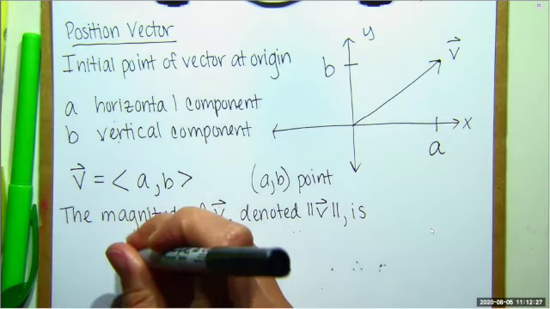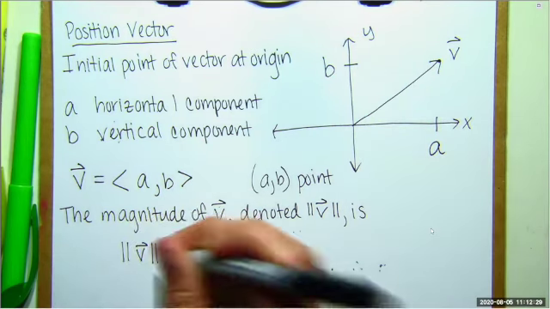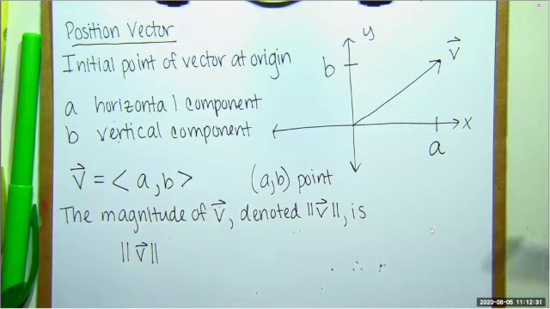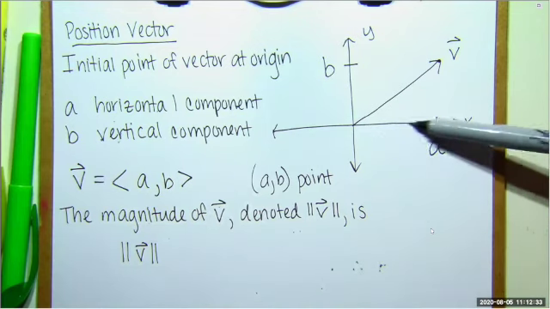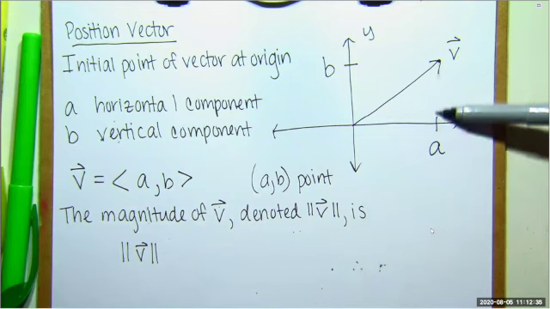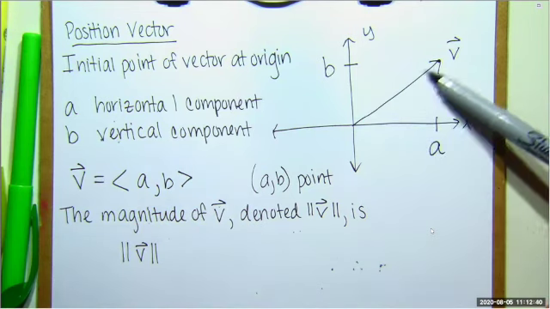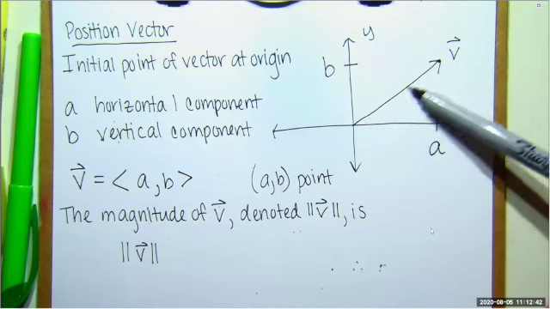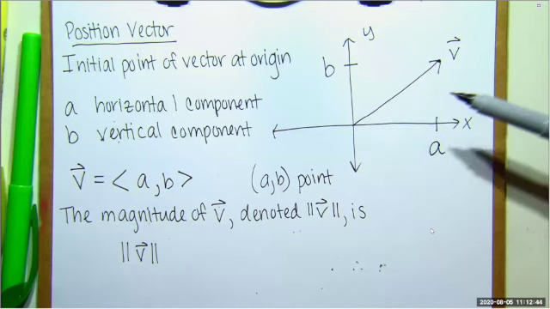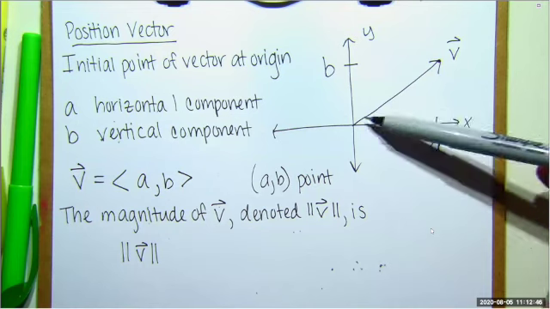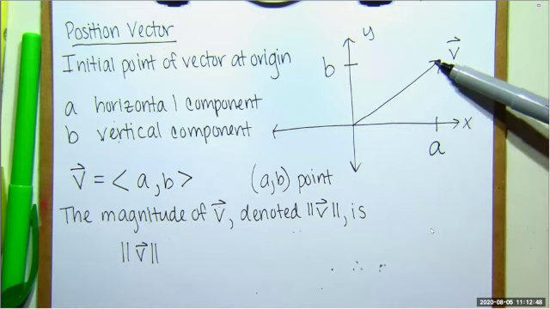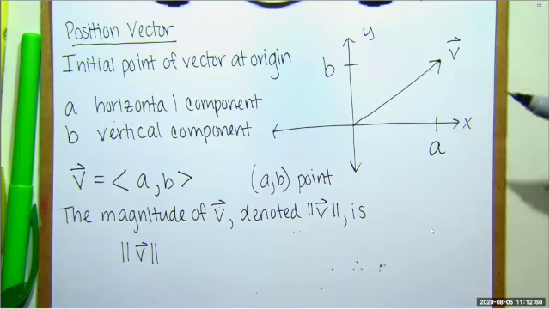This one should be really easy for you guys. The magnitude of our vector v. If we know this side is A and this side is B, what theorem would I use to find this length? Shout it out. I know this side is A, this side is B. How do I find this side? Pythagorean theorem, yeah. So this is just a triangle.